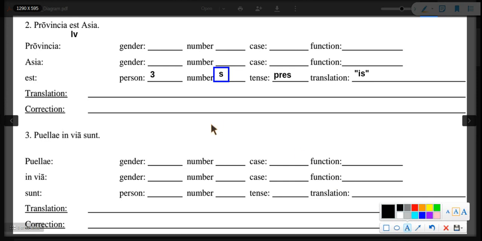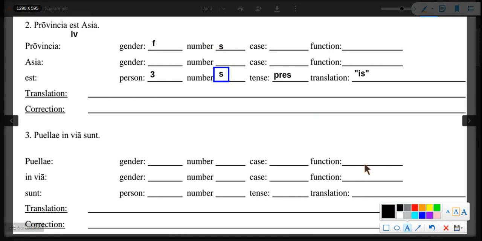Now, in sentence 2 here, we will look at the remaining words and try to identify our subject. Remember, subjects in Latin, just like in English, like to come first. So here, provincia would be our subject. Say first declension. Most first declensions are feminine. It is also singular.